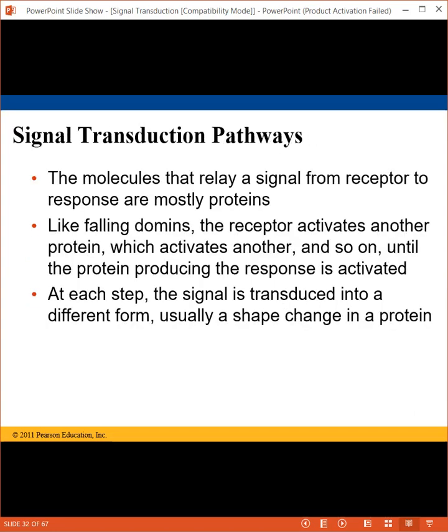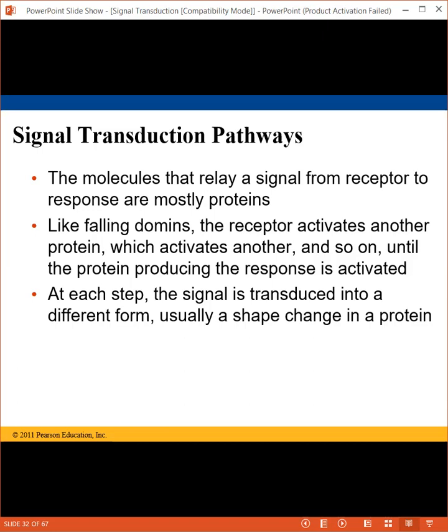Now, these signal molecules, which are also known as relay molecules, which transmit the signal from the receptor to the response, are mostly proteins. The receptor actually is a switch on and switch off kind of thing.